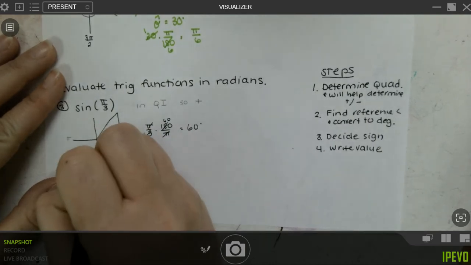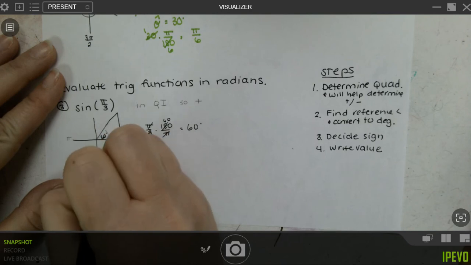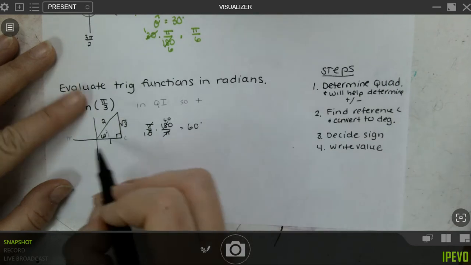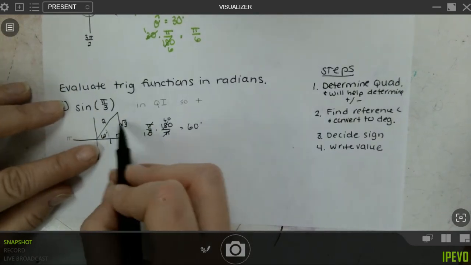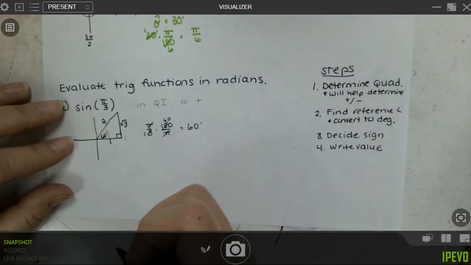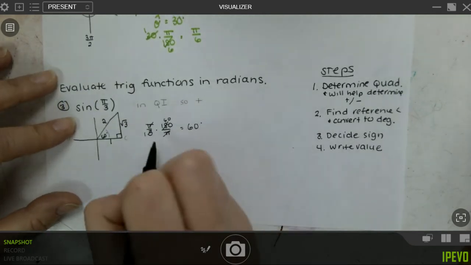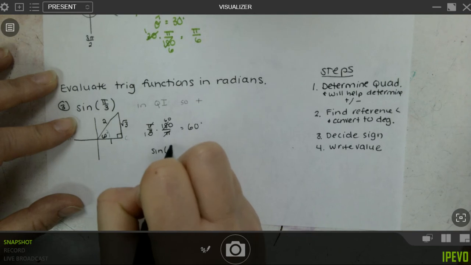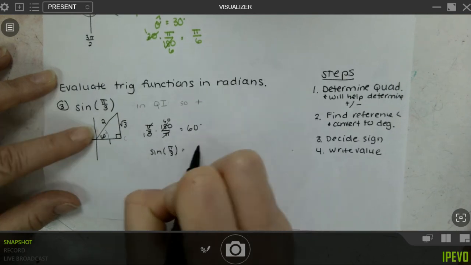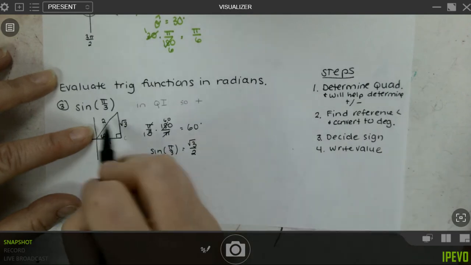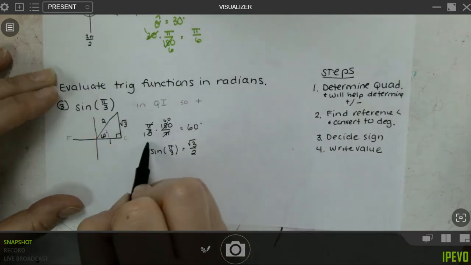That means that this is going to be 1, 2, and the square root of 3. Knowing which quadrant helps you know that these will be all positive in this quadrant. And then we want to find the sine of that. So the sine of pi over 3 would be root 3 over 2. Opposite over hypotenuse. That's it. All done.